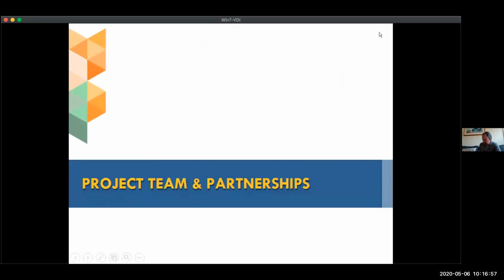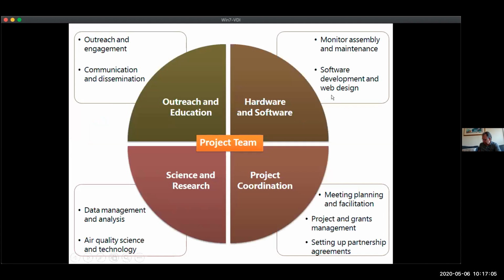To talk a little bit more about establishing the partnerships for your project, next slide. There are a few different skill sets that are really valuable to have on your project team. So of course, the aspects of assembling, maintaining your monitors, developing any kind of web interface needed to provide that data to your end users.